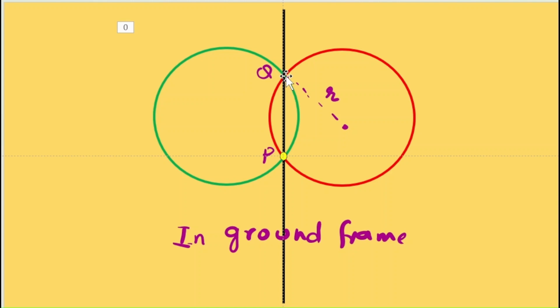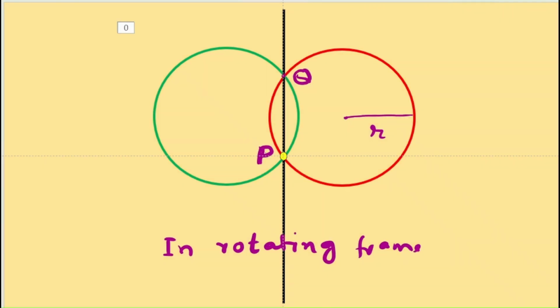So we have to follow the procedure to find out the velocity of point Q. The velocity of point Q is found in a tricky way. We consider a frame of reference which is rotating about this point P in clockwise direction.